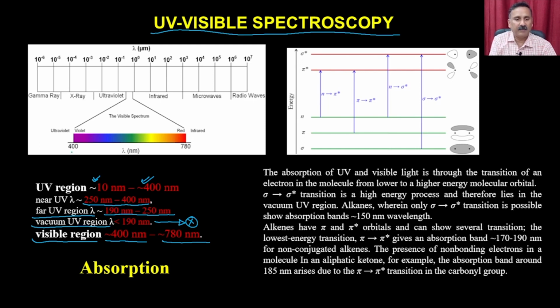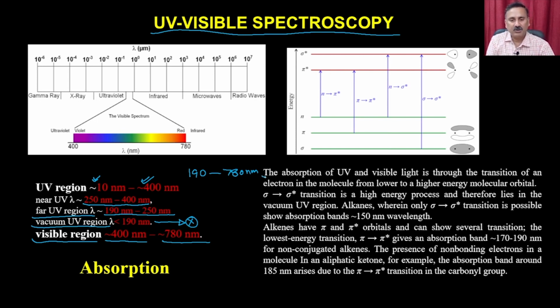So the UV visible range starts from 190 to 780 nanometer, in which 190 to 250 is the UV range, and 400 to 780 is the visible range.